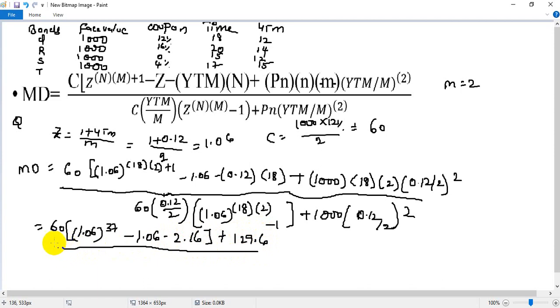Divided by, and 60 into, if you calculate this, 60 into 0.12 divided by 2, you will get 3.6.